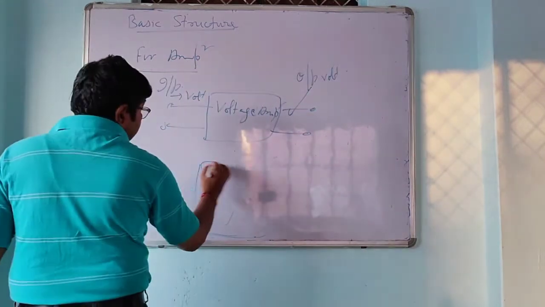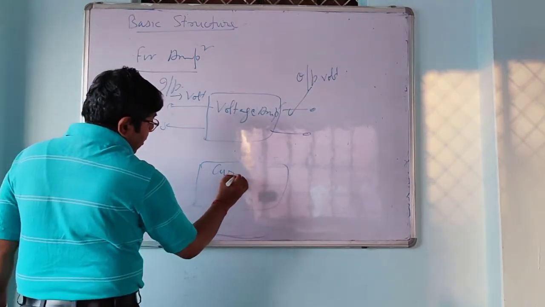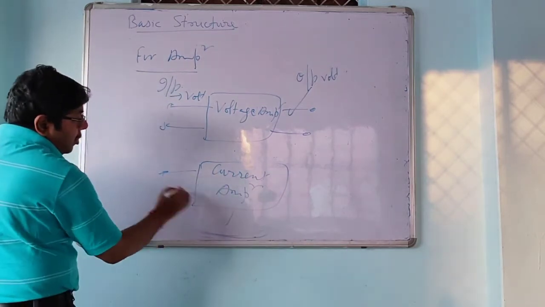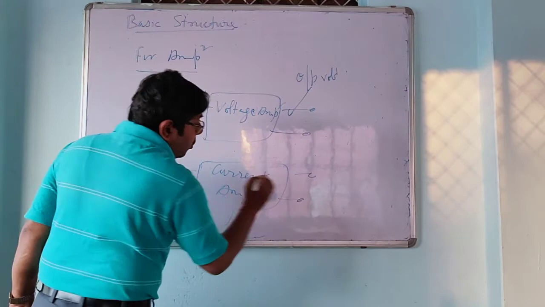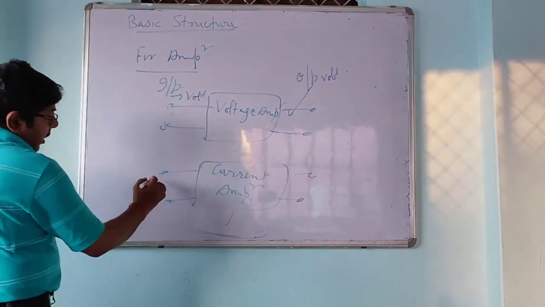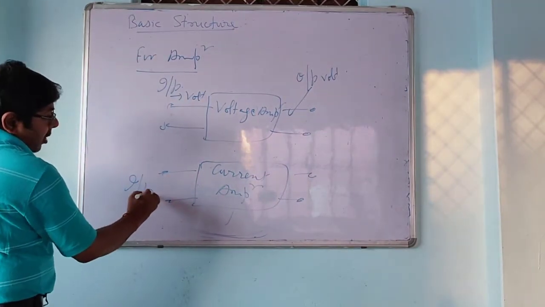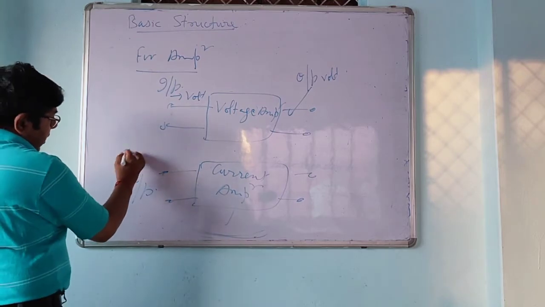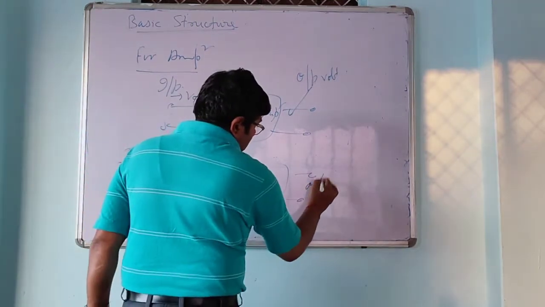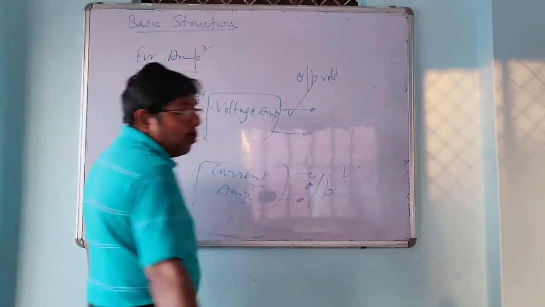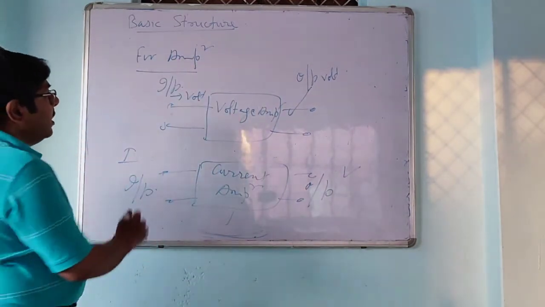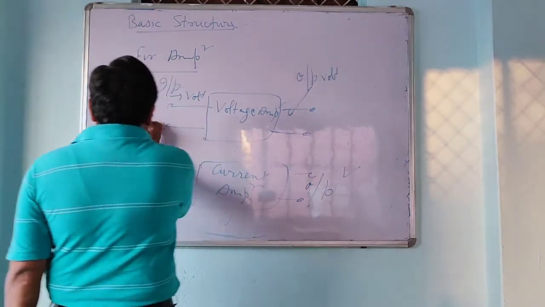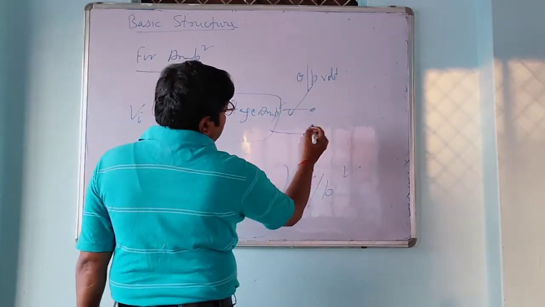If we are using a current amplifier, then two things are clear: for output and input, the input must be current, and the output must be current, that is I. For the voltage amplifier, the input is voltage Vi and the output is also voltage.